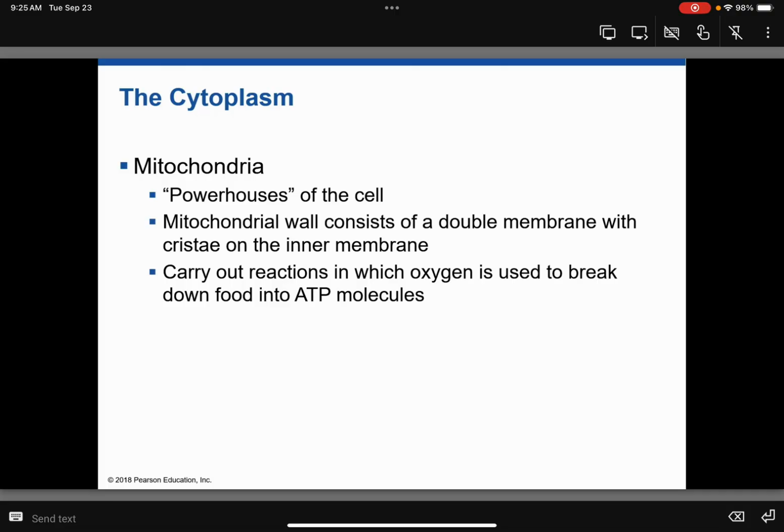It has an inner membrane and an outer membrane. On that inner membrane is where the cellular respiration reactions take place, in which it helps to break down sugar and convert it into ATP. Again, ATP is the energy molecule that our cells need in order to be able to function.